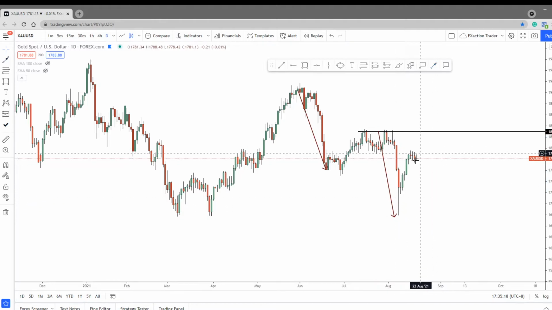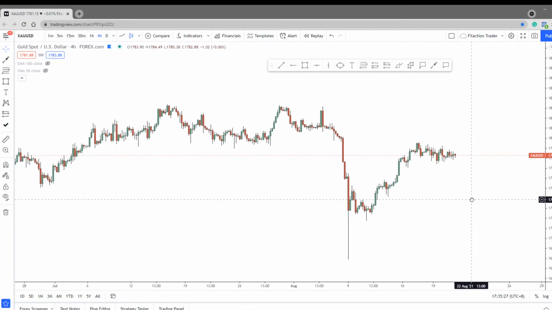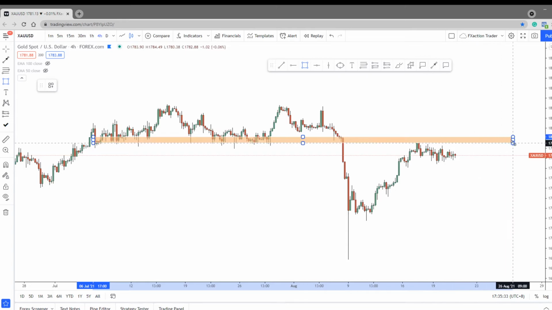Last week, market was doing a pullback, and if we switch our chart to H4, we can see that market has been rejecting from this support level, aka resistance level at 1800 or 1790.